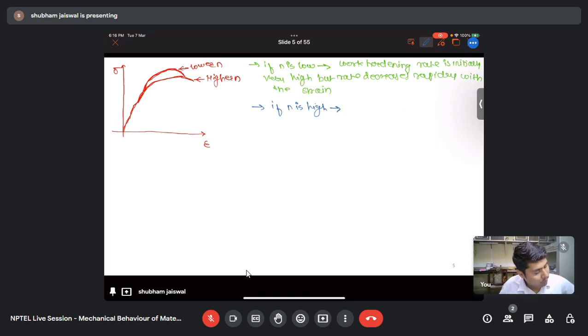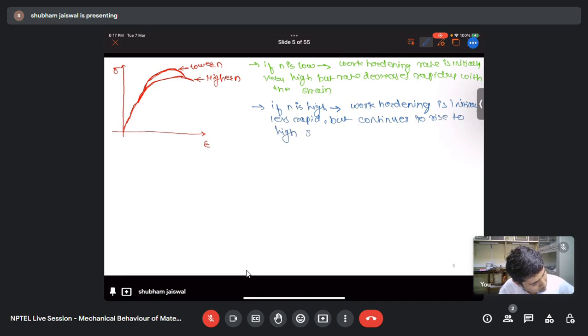So if n is high, work hardening is initially less rapid, but continues to rise to high strains. Okay.